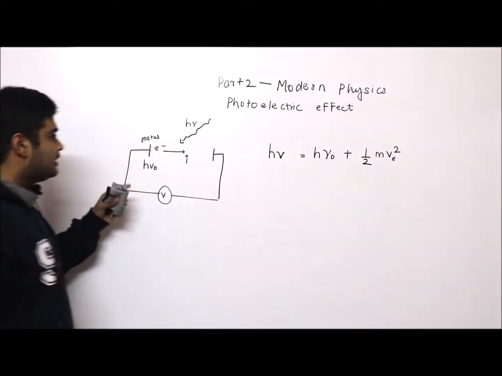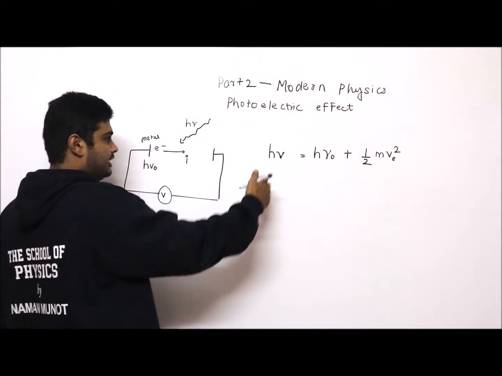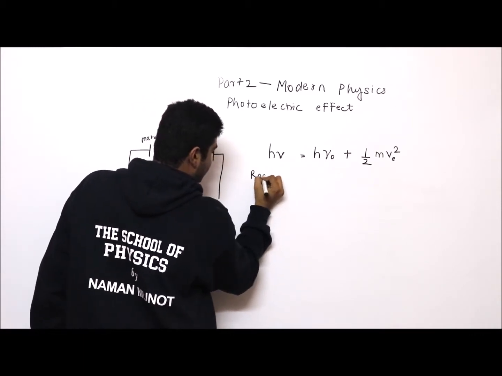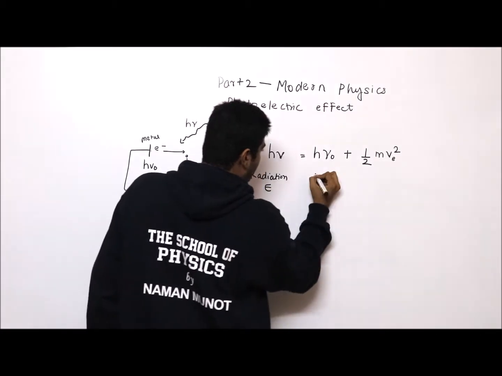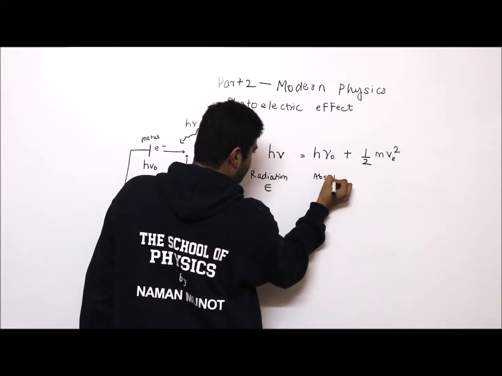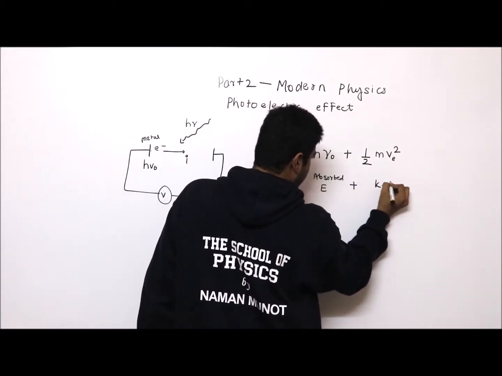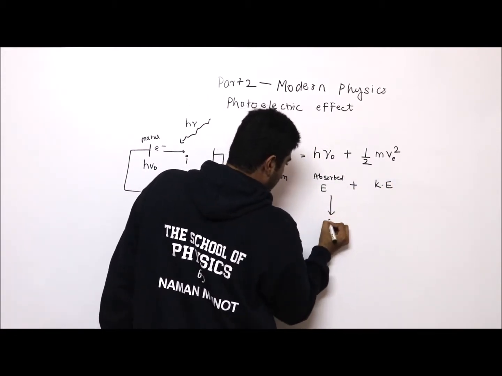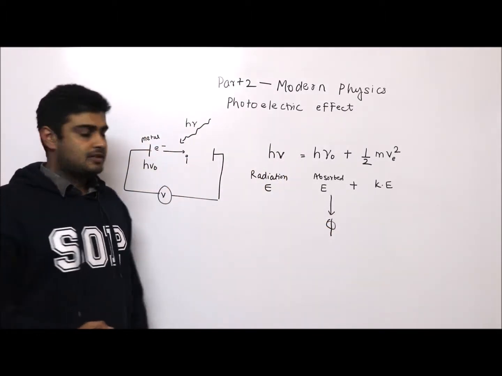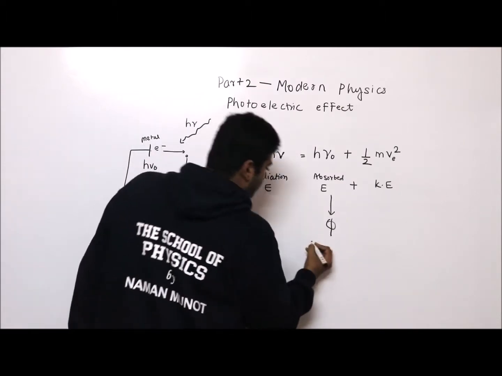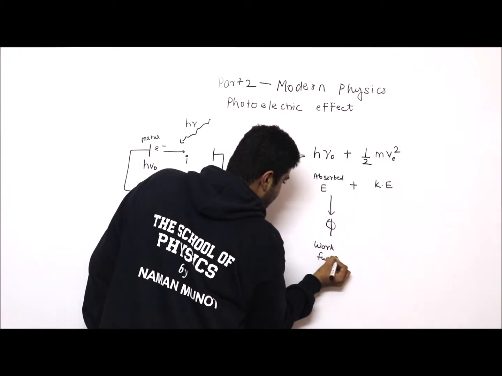So we can write: radiation energy is equal to the energy absorbed to release the electron plus the kinetic energy. Now this absorbed energy is what we call phi, and it is also known as the work function.